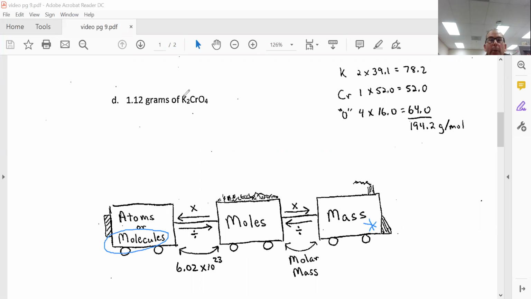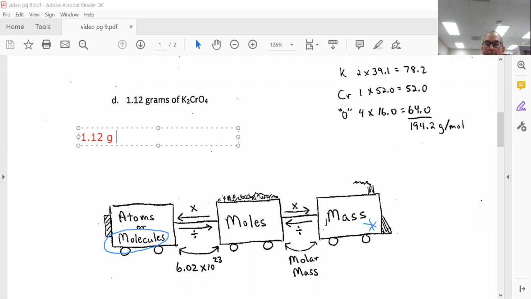So I'm going to start by writing out what I know, which is my 1.12 grams of K2CrO4.